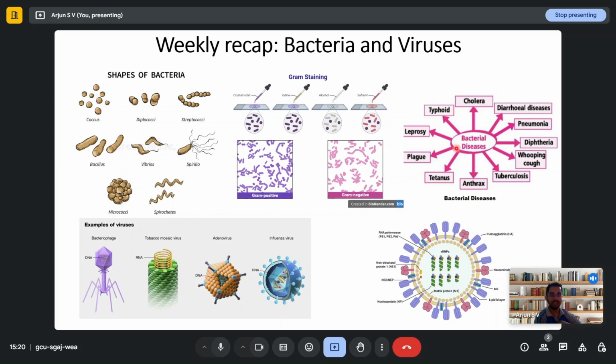We saw different types of viruses such as the bacteriophage as well as the influenza virus, and a common structure where the genetic material is enclosed in a protein coat called the capsid in most viruses. After that, we saw viral diseases, which included poliovirus, SARS-CoV virus, as well as swine flu virus. Swine flu came under the influenza kind of viruses.